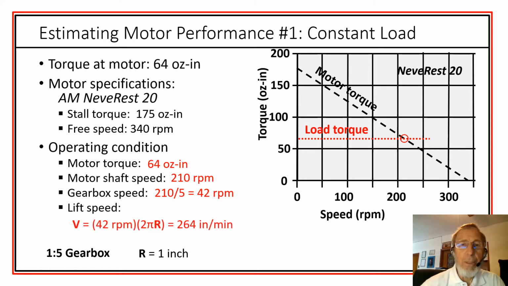The lift speed is going to be based upon the RPM and the circumference of that wheel, which is 2 pi r. That gives us a total 264 inches per minute as the speed of the lift. That's the rate at which that weight would be lifted.